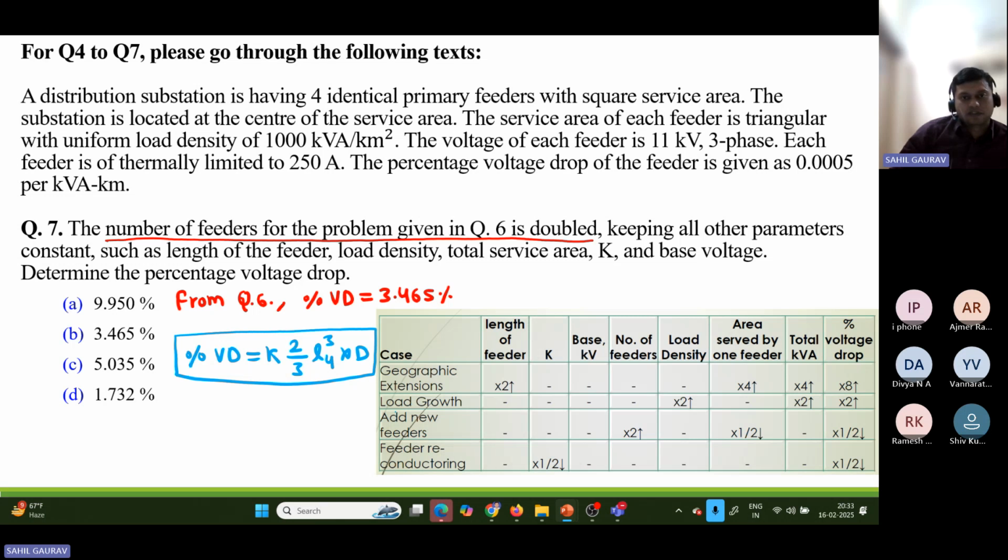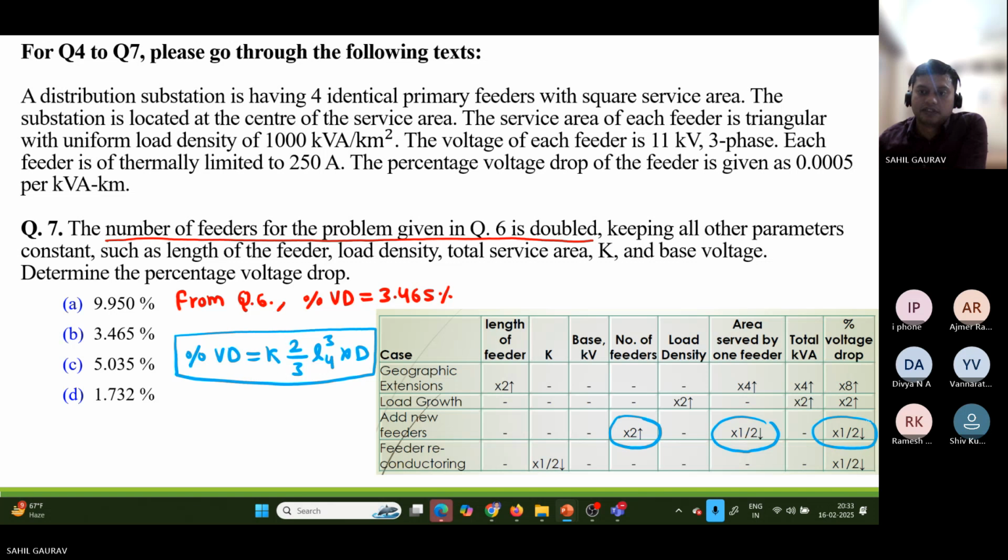So if the number of feeders is doubled, then the area served by one feeder is half. Then the percentage voltage drop is also reduced to half because the load under a feeder is reduced by half.